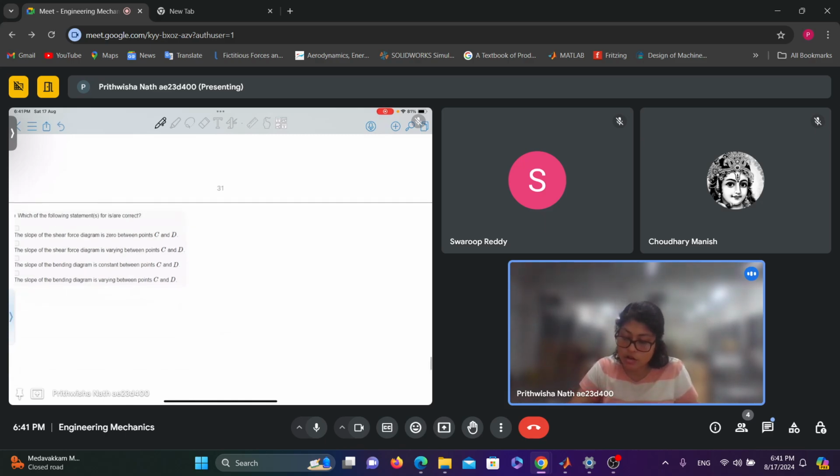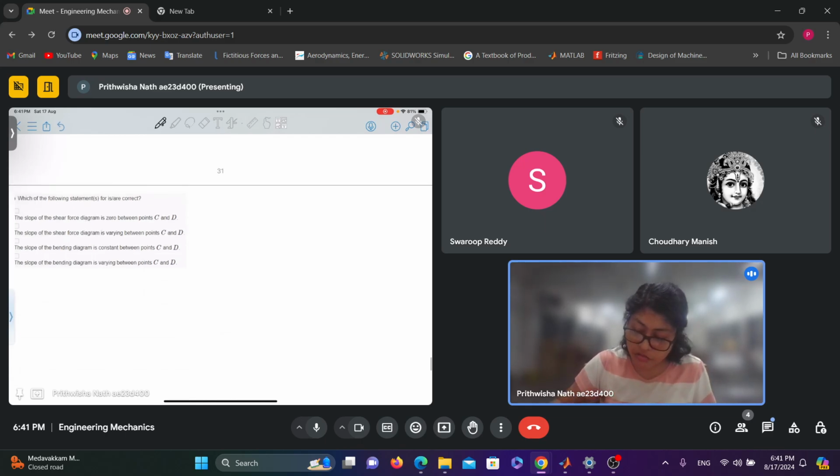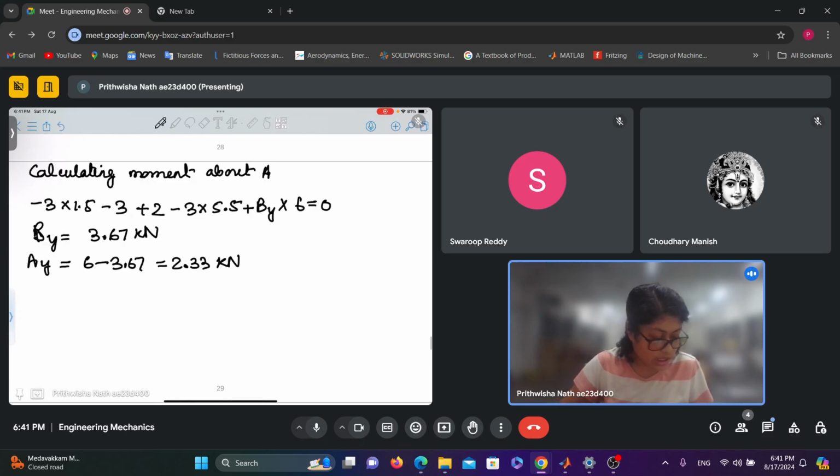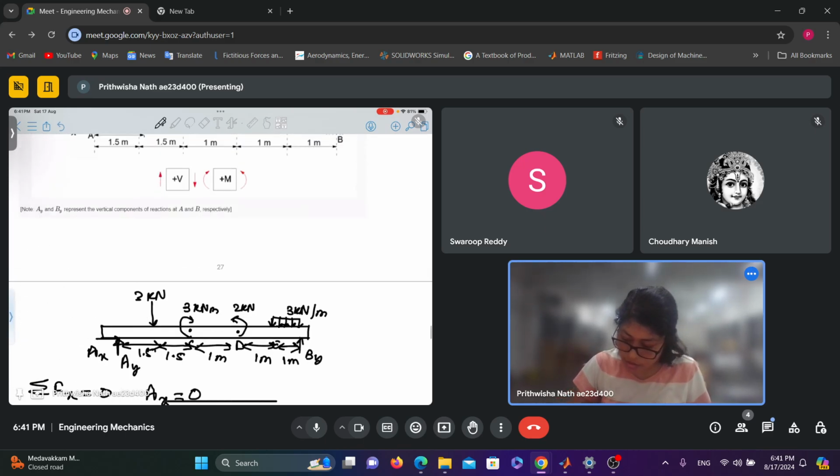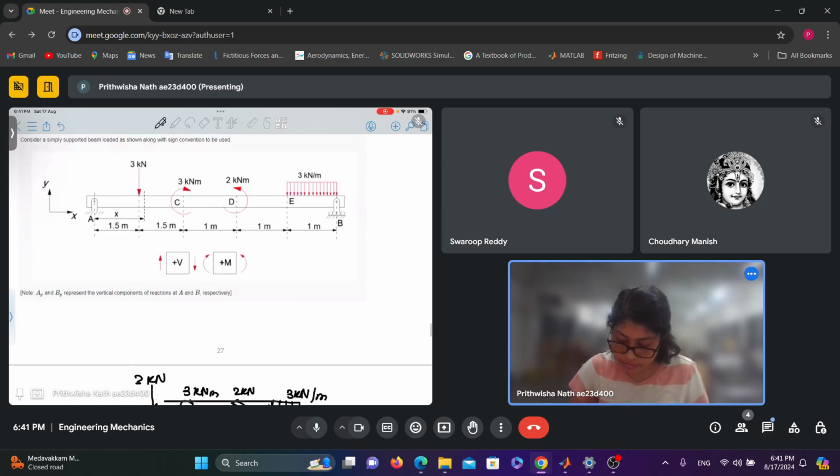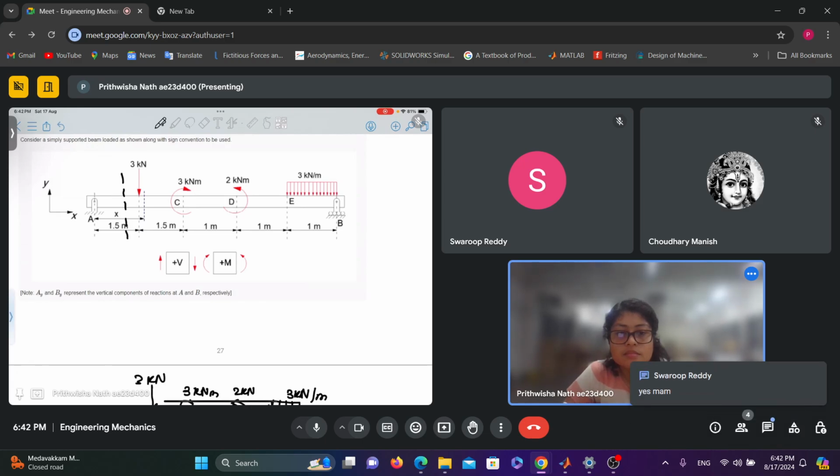Now for this we need to draw the shear force diagram. Now for x equals to 0 to 1.5, right? Now first we will consider this section. Is it clear?